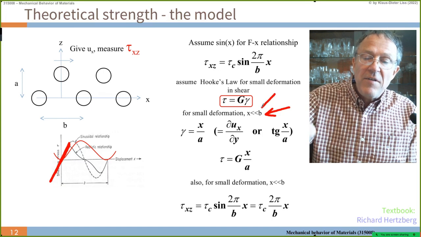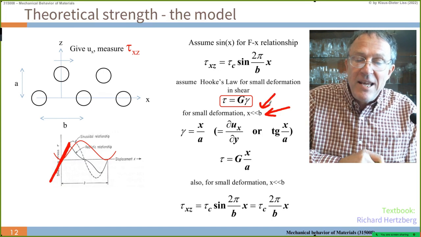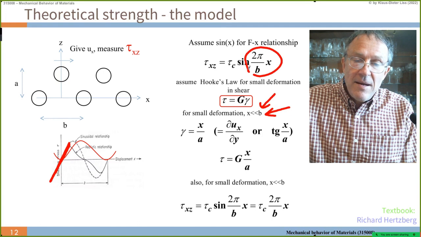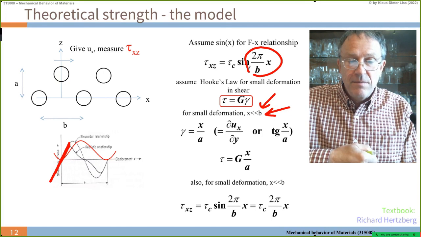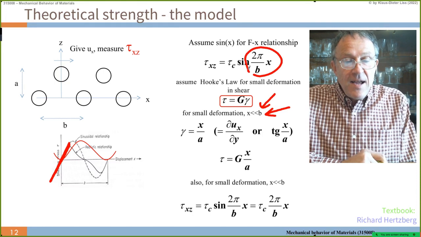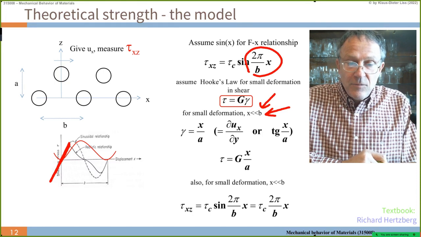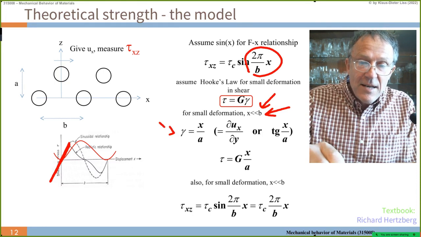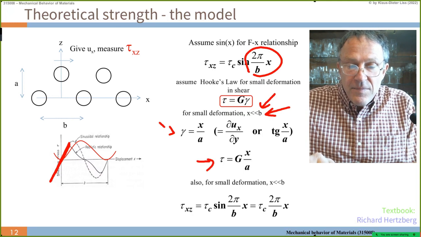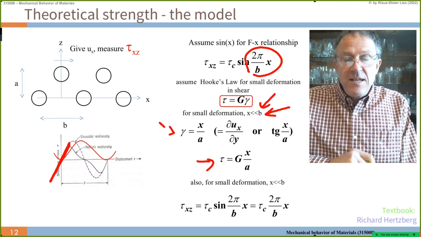So if x is much smaller than b, we can write the sine function just by its argument. And then for gamma equals x over a, we get tau becomes G times x over a.